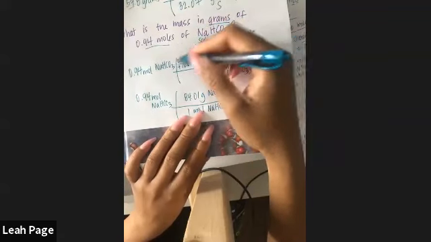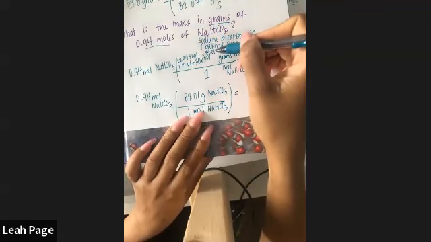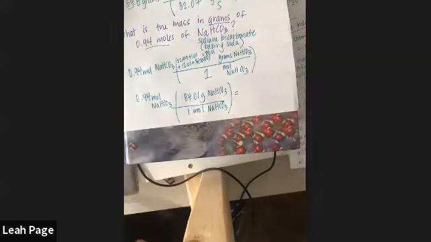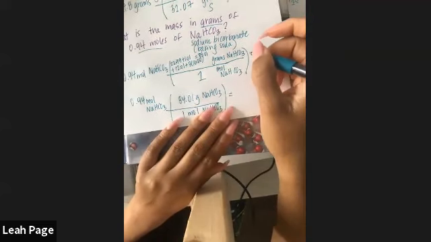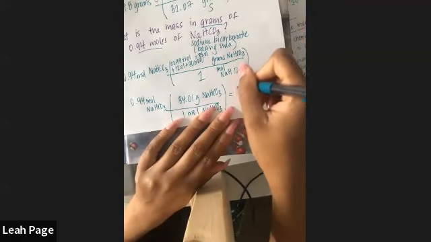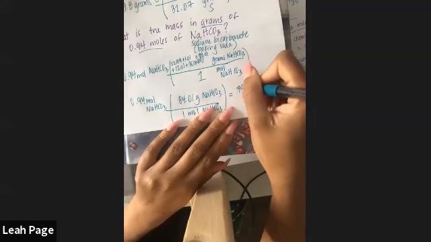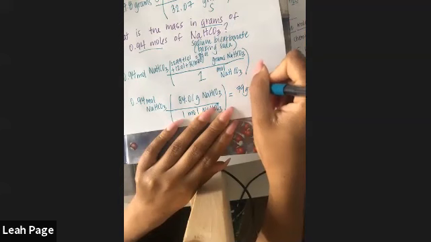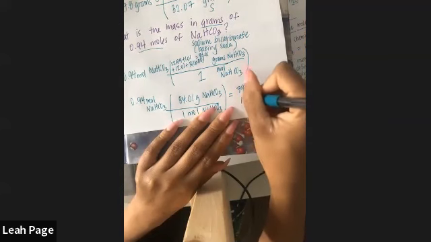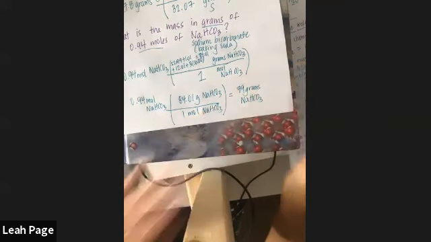I only wrote it out like this so you guys can see where I get the 84.01 from. And we multiply them together. And I end up getting, with 2 sig figs, looks like 79 grams of sodium bicarbonate.